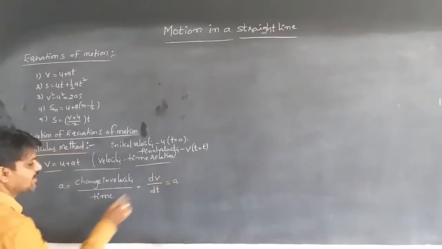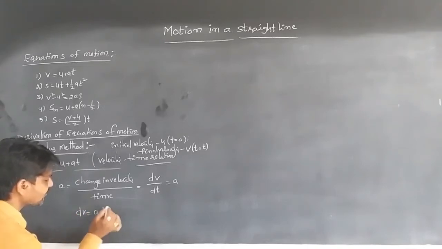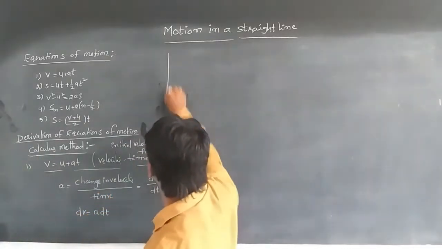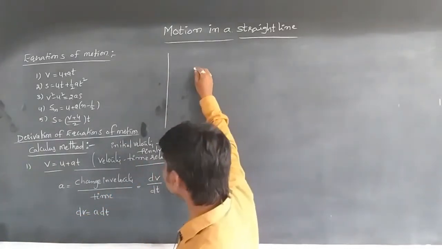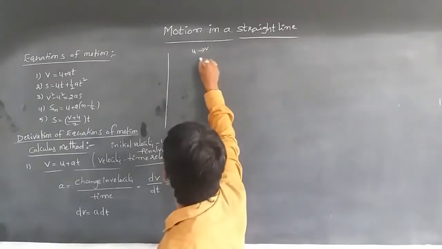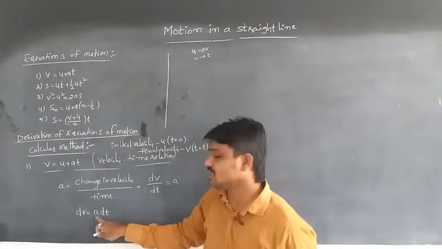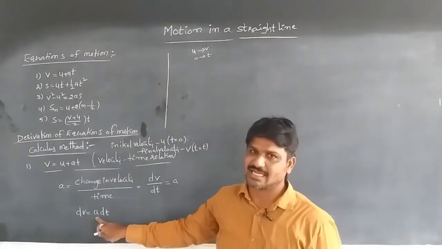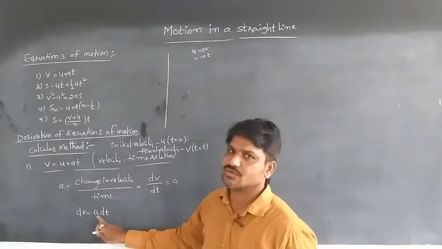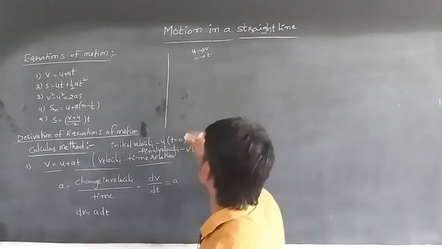Right. So dv = a dt. The velocity changes from u to v, and time changes from 0 to t. The body is moving with uniform acceleration, meaning the acceleration is constant, so it can be taken out of the integral.